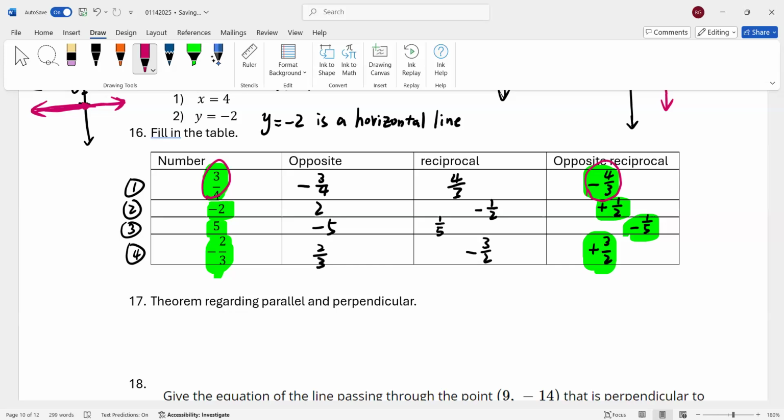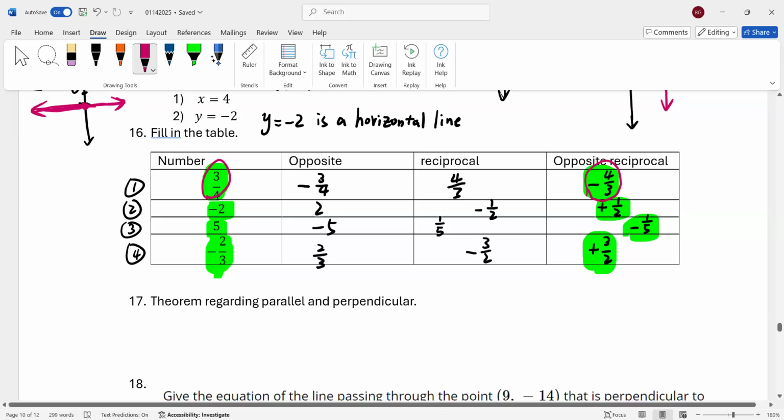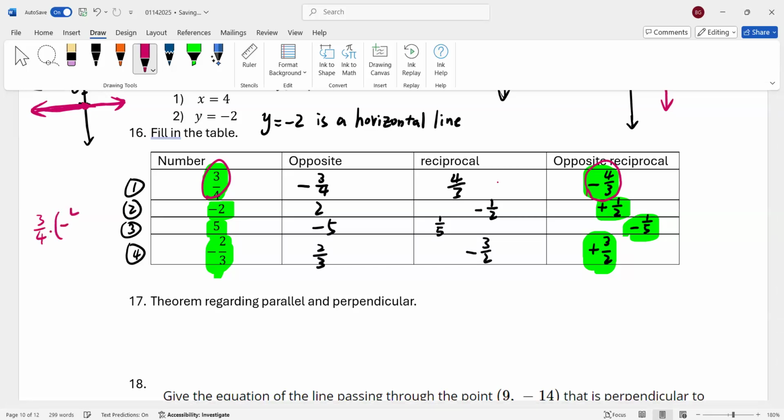3/4 times -4/3. What's their multiplication? You can use a calculator. -1.